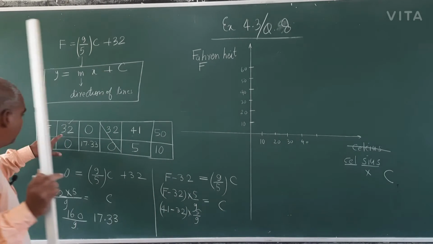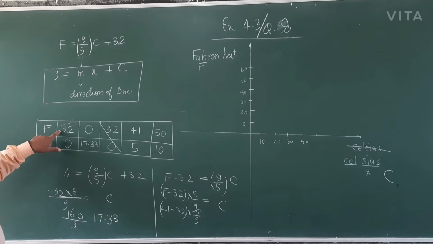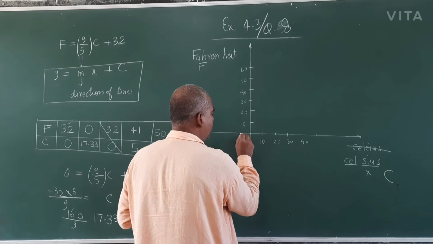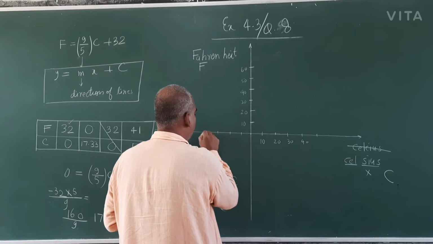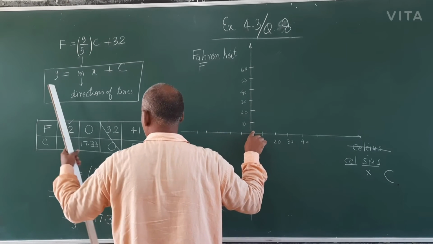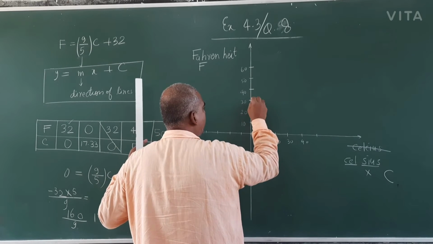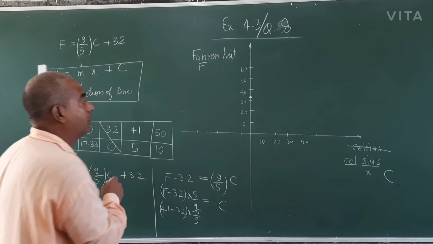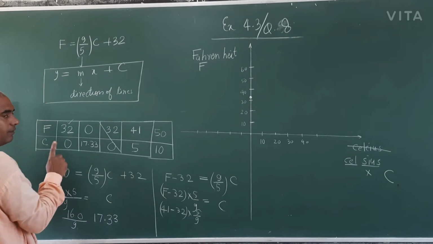Okay, so the first point is C is equal to 0, F is equal to 32. So C is equal to 0, this is 0, and F is equal to 32, 10, 20, 30, you will get here 32. The point is the intercept on the y-axis. I have told this in my another video.